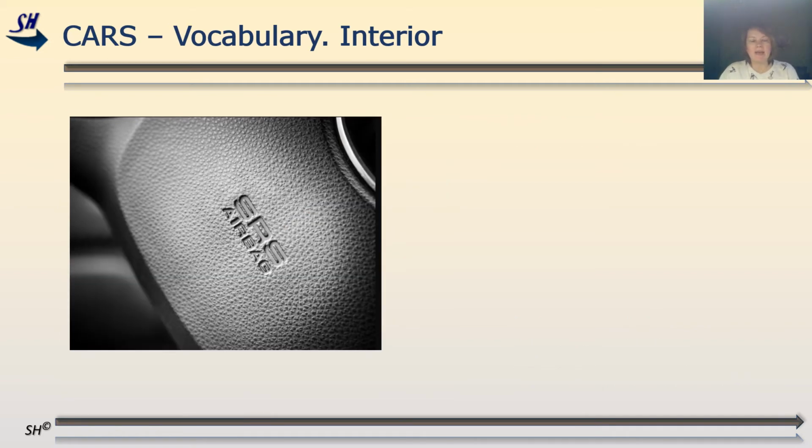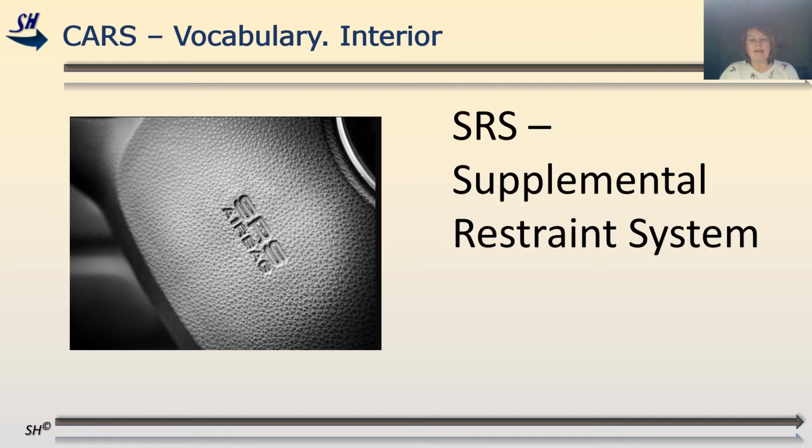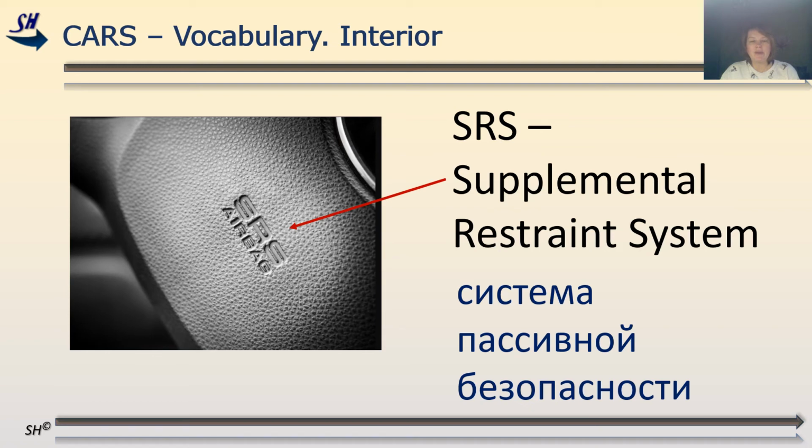Sometimes we see that it says SRS airbag. What does it mean? SRS means supplemental restraint system. That means that this is a special system that restrains you or prevents you from hurting yourself. This is an additional system. Supplemental restraint system, airbag.